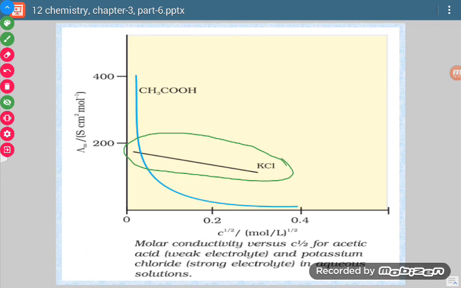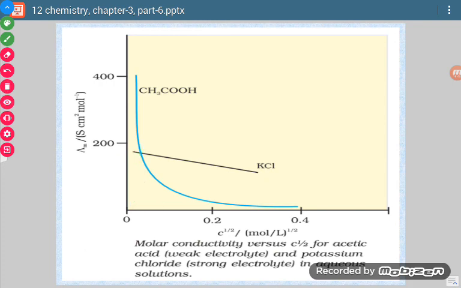It is a straight line, and if we extrapolate it, extrapolation means I have to take it ahead, then it will cut the y-axis somewhere, and that particular value will be the value of the intercept, that is, the limiting molar conductance or limiting molar conductivity value.